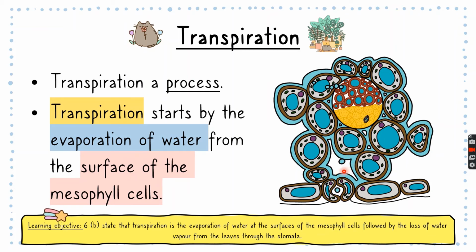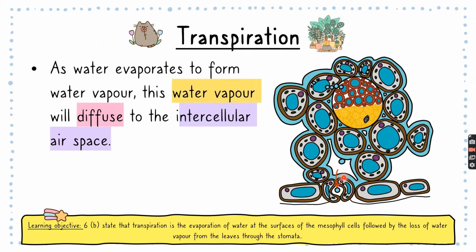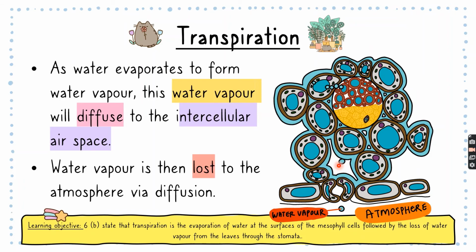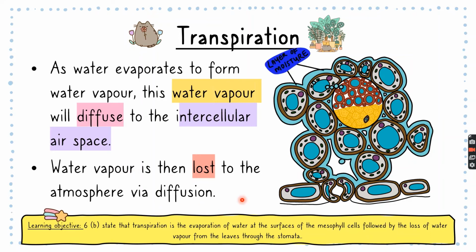After evaporation, this water vapor will then diffuse into the intercellular airspace, which is right here. And once it diffuses into the intercellular airspace, the water vapor is then lost to the atmosphere via diffusion as well. So that is pretty much what transpiration actually is.